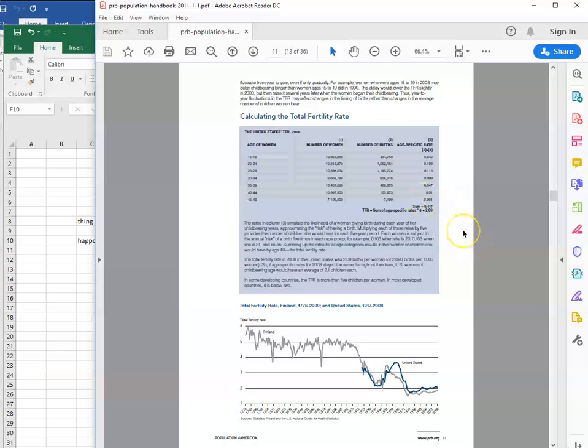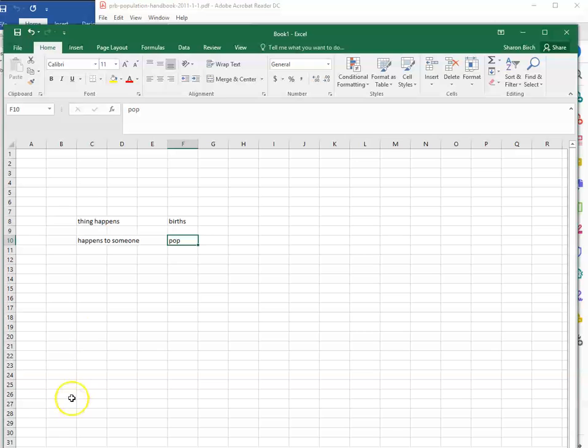This is the rate that you hear when you say 2.1 children per woman, 1.4 children per woman, things like that.